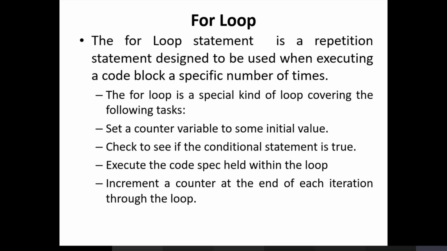And it executes that particular piece of code, and then it increments a counter at the end for each iteration through the loop. Then this complete iteration gets repeated. Again it checks the condition, the code is executed, and then the increment or the decrement happens, and then again the condition checking.